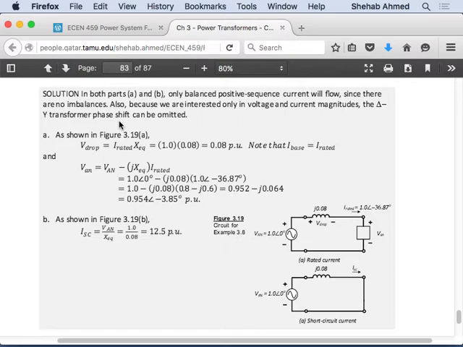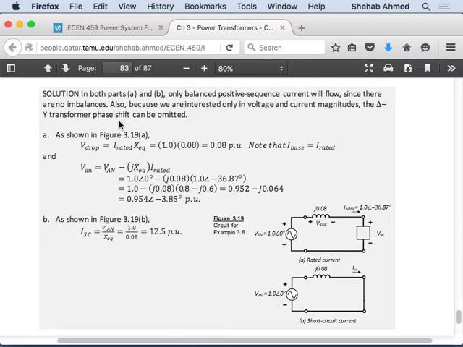It was the second problem in the first exam. You asked for the magnitude, which is the same. It says, what is the per unit? Do I say ignore transformer phase shift or not? I don't? I should have said that, sorry.